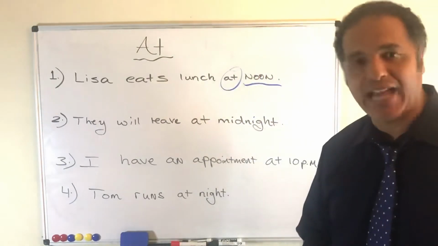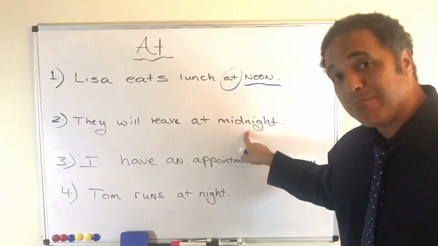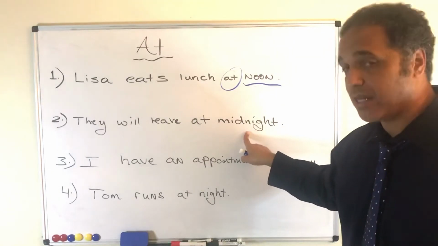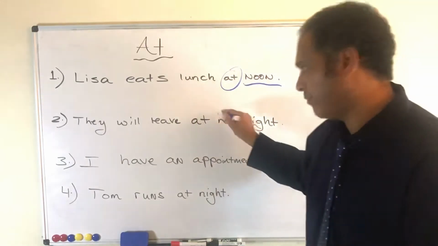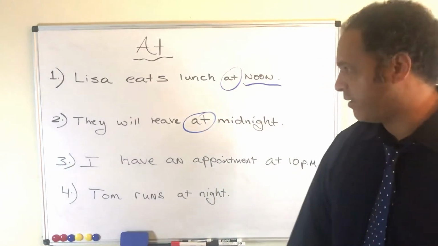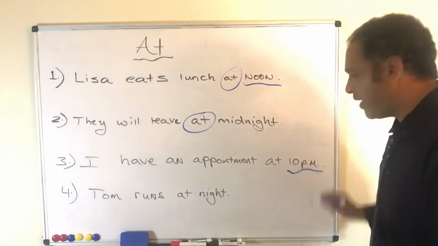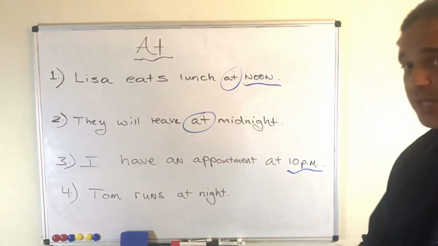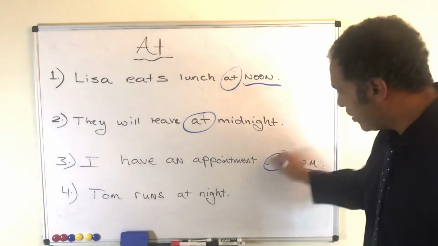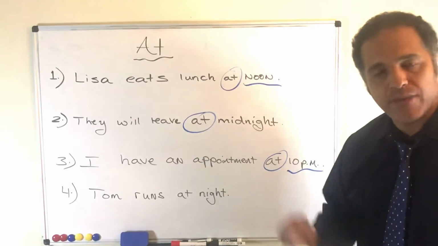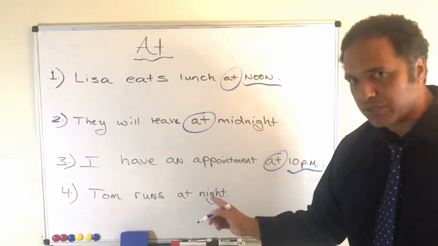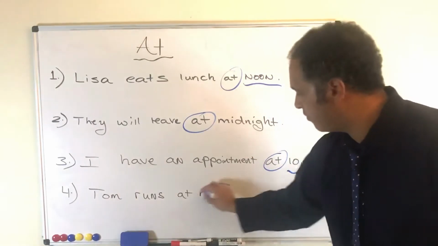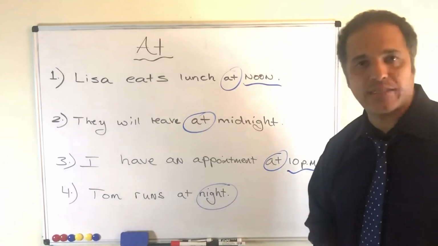We need to say at. Whenever we say midnight, midnight is 12 a.m., we need to say at. Whenever we have a specific time, 10 p.m., 9 p.m., 9:30, doesn't matter, we need to say at. And the last reason for using this preposition for time is when we say night.